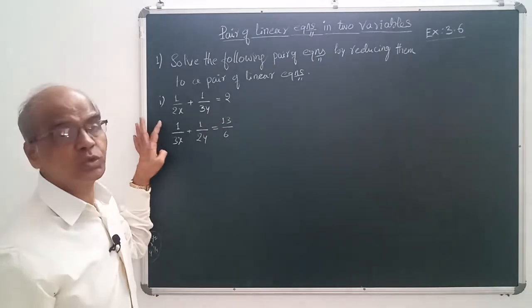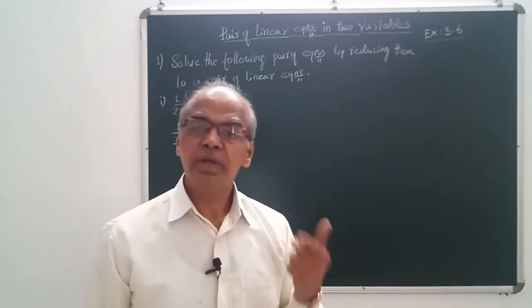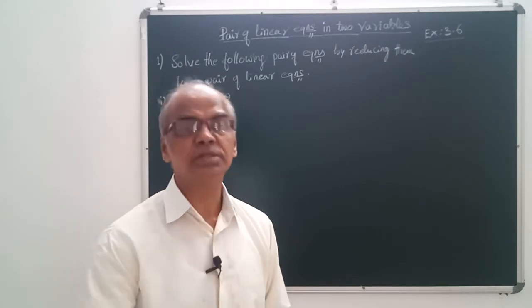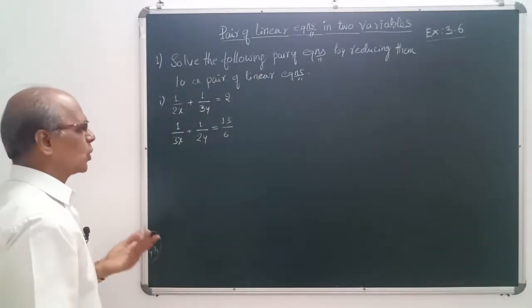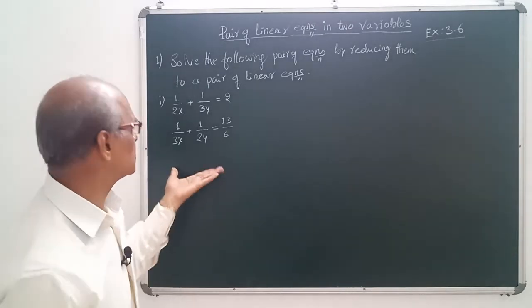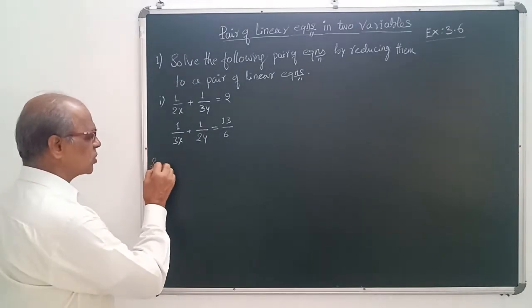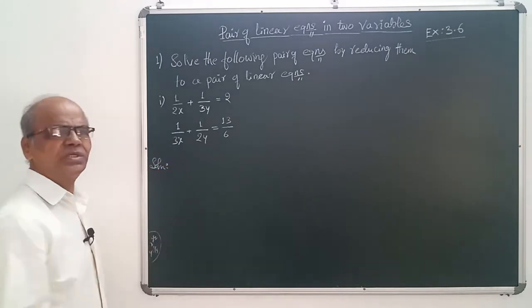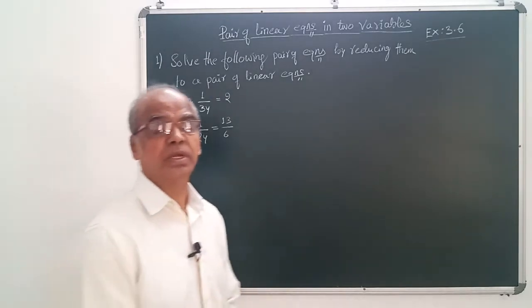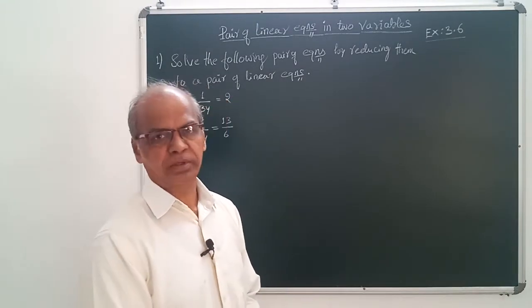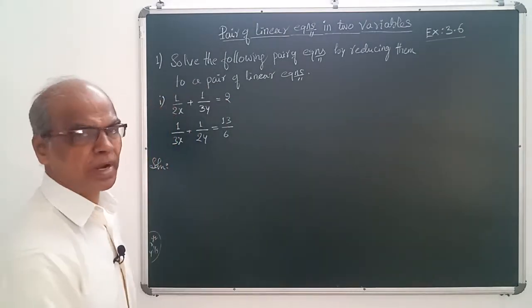We have to reduce this to the general form of a linear pair of equations in two variables. Then we have to solve it using the elimination method. You see how you can reduce or simplify this. Reducing means bringing it into the general form, or the standard form of an equation, which you have learned in the introduction part of the chapter.